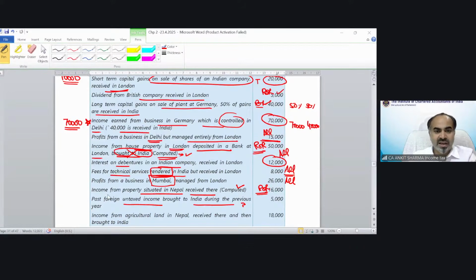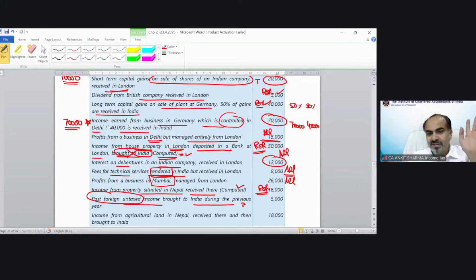Because as soon as this word is used, past foreign untaxed, or earlier year, or preceding year taxed or untaxed income, that amount does not exist for us now.